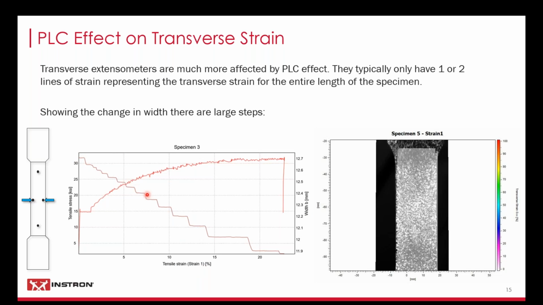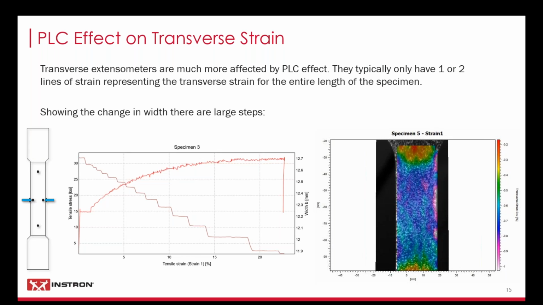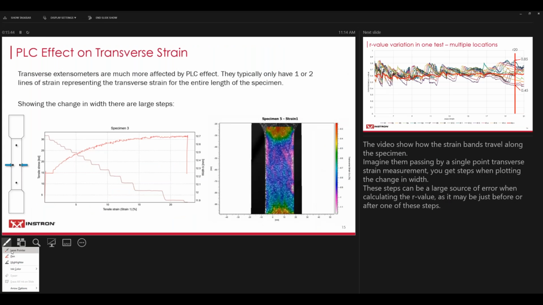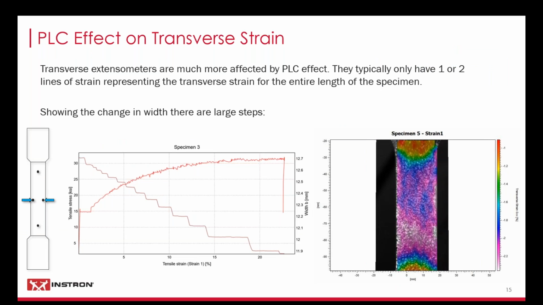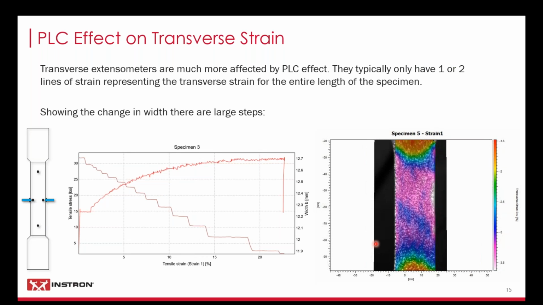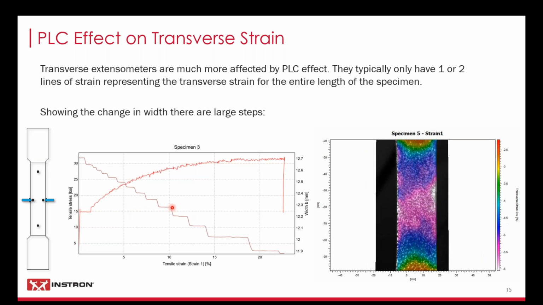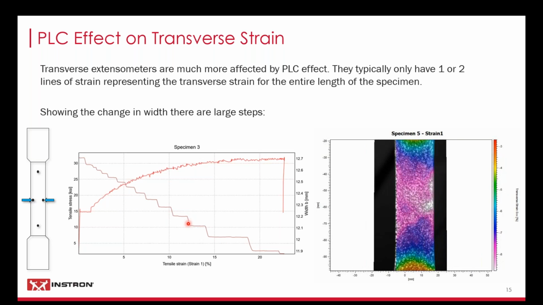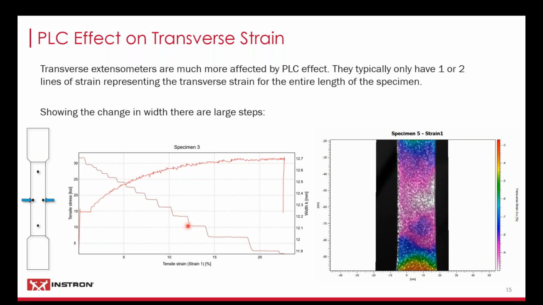We've got this step pattern, and what's that showing, if I start this video, is the digital image correlation video of a test running, and you can see these waves propagating at different points of the specimen. If you can imagine a single point of transverse strain being measured, each time one of those waves passes the point of measurement, you get a step change in the width.